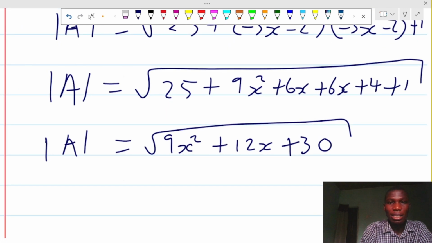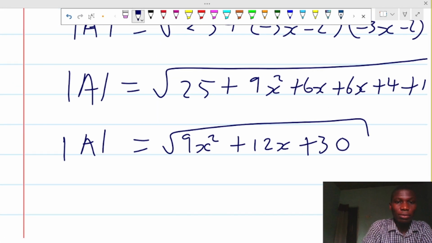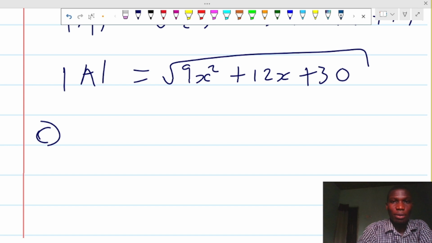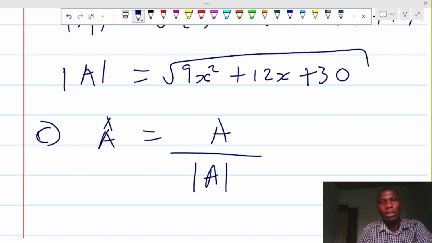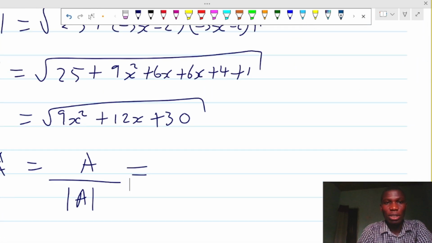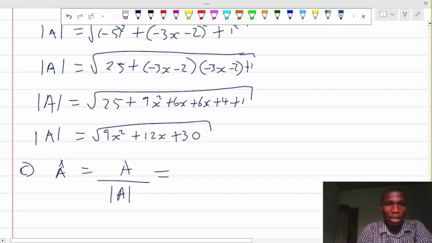Okay, so this is it. Now, that was the magnitude of the vector. The c part of the question talks about the unit vector. So let's go with the formula: the unit vector of a is the vector divided by the magnitude of the vector. I already have the vector, so let's just copy the values.